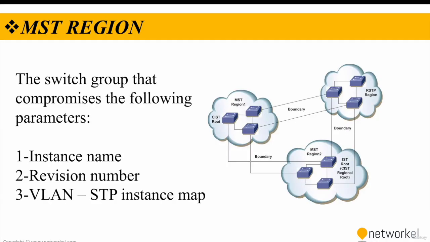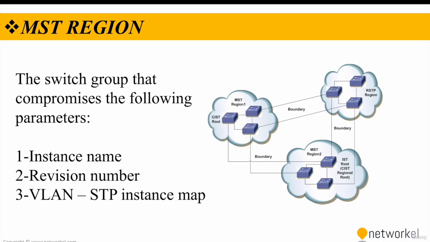In multi-spanning tree protocol, we have something called an MST region. That is a logical grouping of switches that share the same MST configuration. Each MST region consists of switches that use the same MST configuration name, revision number, and VLAN to instance mappings.